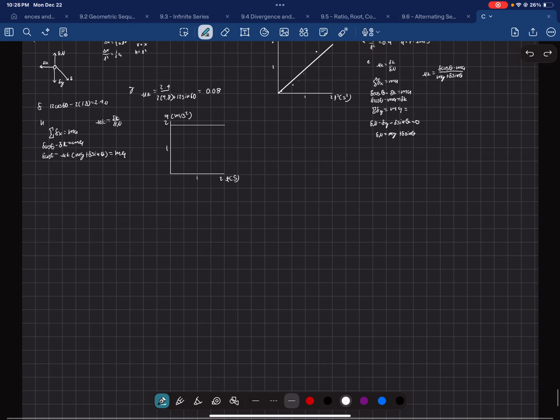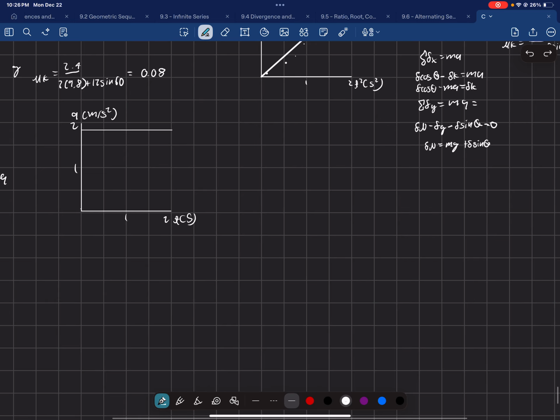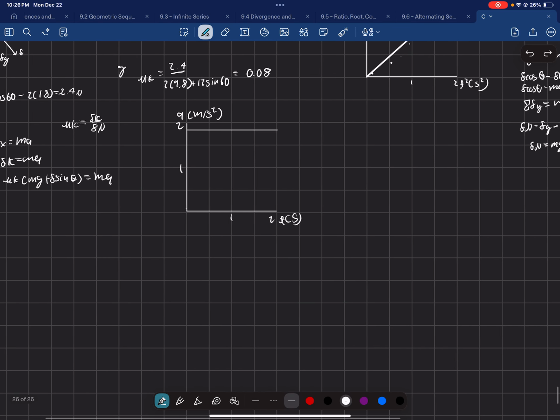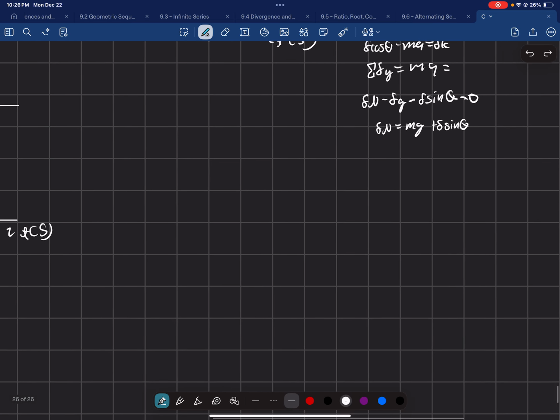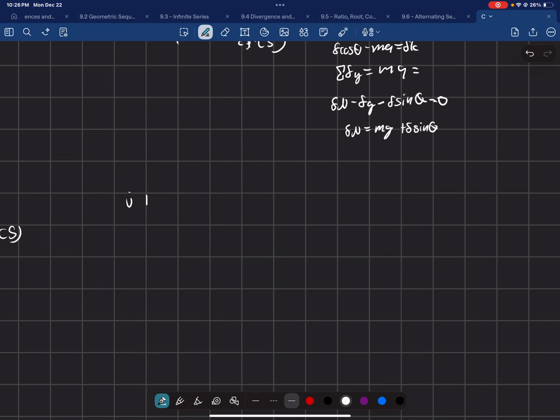The velocity graph for part J should be meters per second, with time in seconds.